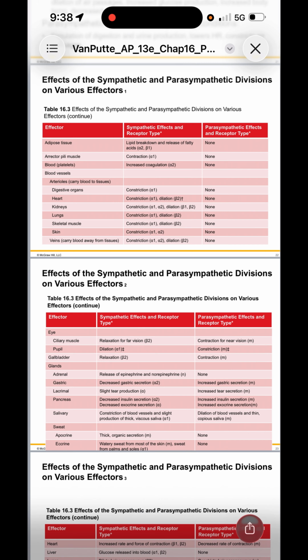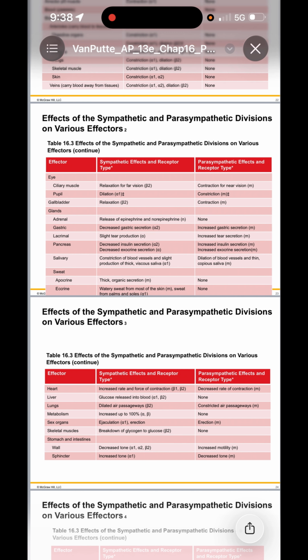Effector, skin: sympathetic, constriction alpha 1 and alpha 2; parasympathetic, none. Effector, veins, which carry blood away from tissues: sympathetic, constriction alpha 1 and alpha 2, dilation beta 2; parasympathetic, none.